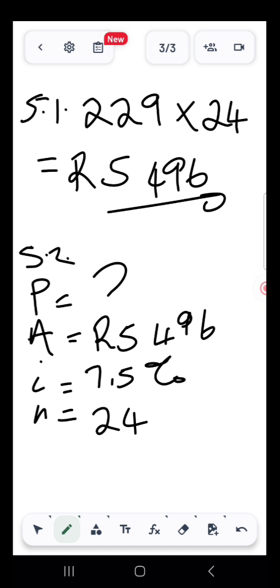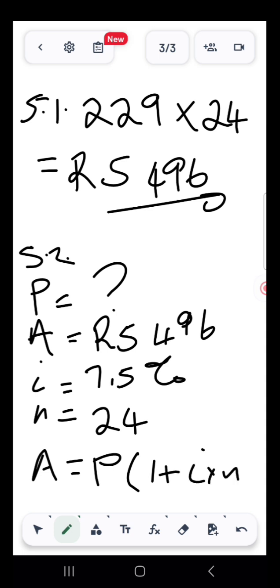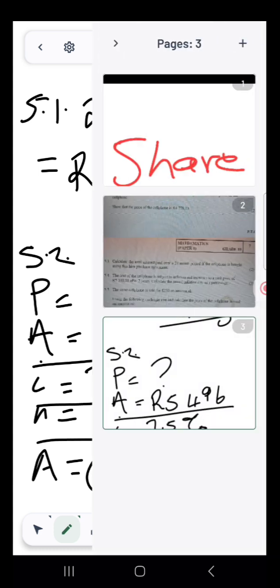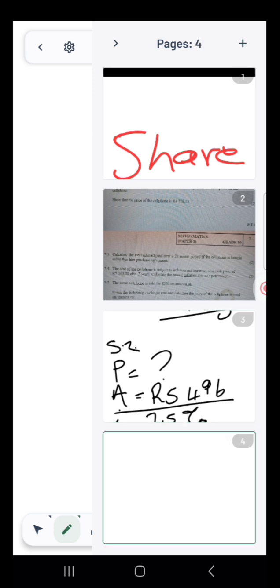Okay, so when you see the words hire purchase, you should know it is simple interest. The simple interest formula is A equals P open brackets 1 plus I multiplied by N, or IN, right? So we substitute A, I, and N. Are you together so far? Okay. Let me go again here.